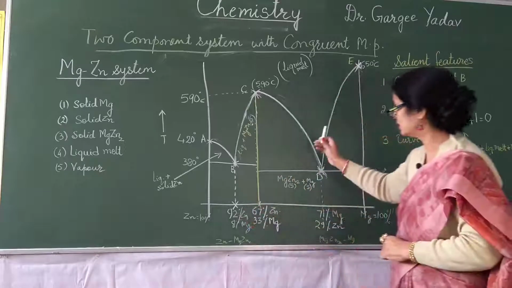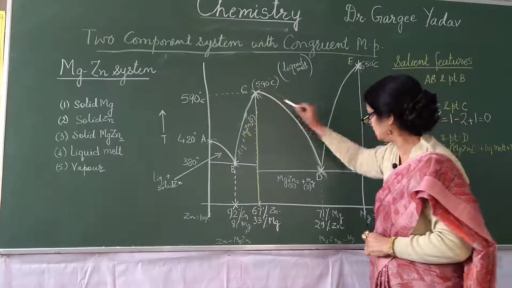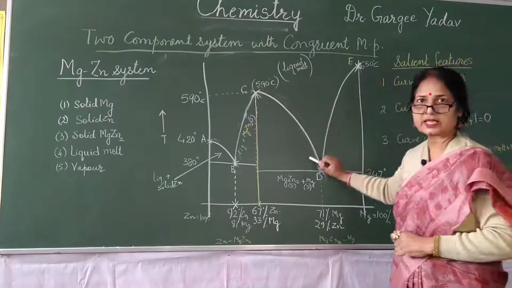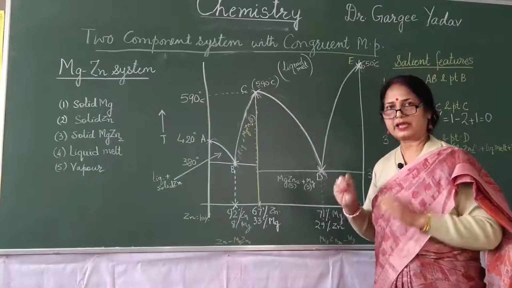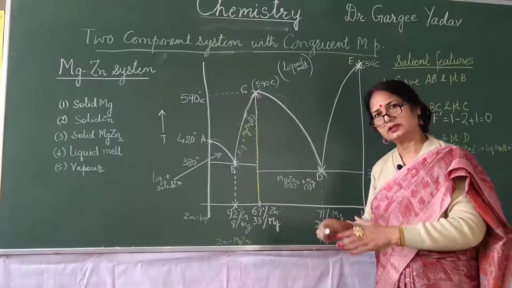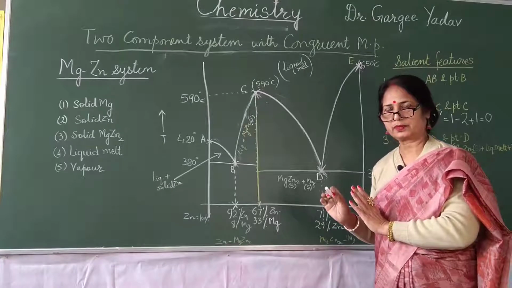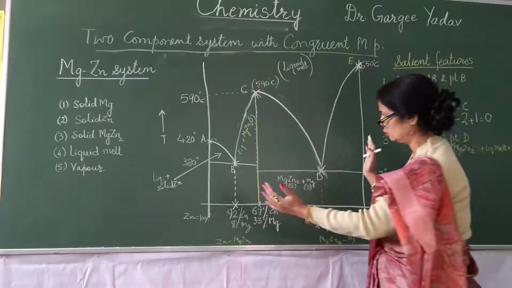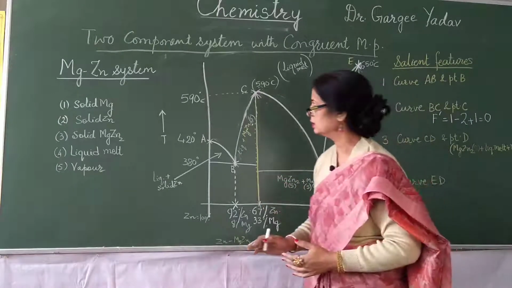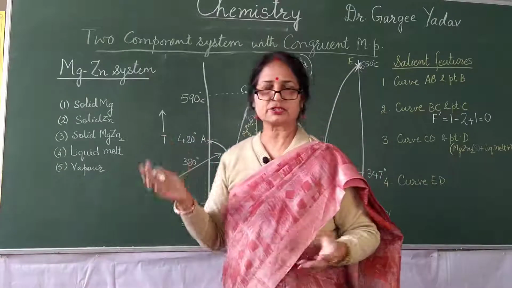And this one is another phase diagram CDE. This is actually the phase diagram of the MgZn2 and the Mg system. So we have two phase diagrams back to back over here.